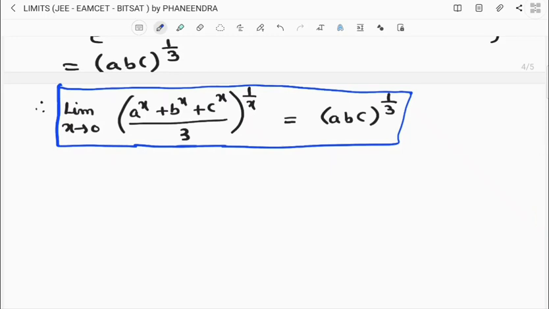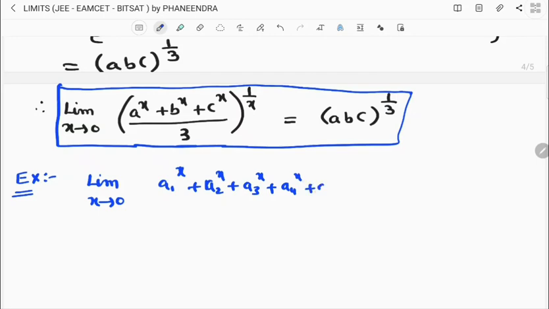Suppose n terms are there. For example, limit x tends to 0, (a1 power x plus a2 power x, a3 power x plus a4 power x, a5 power x) by 5, whole power 1 by x is there.